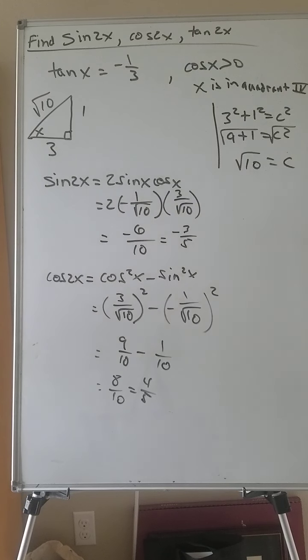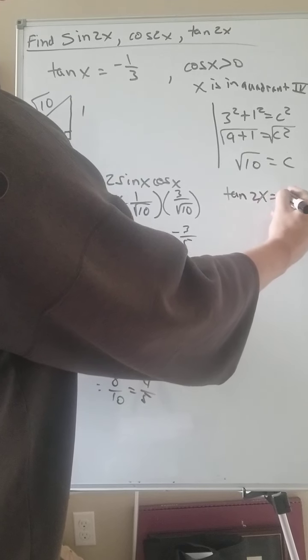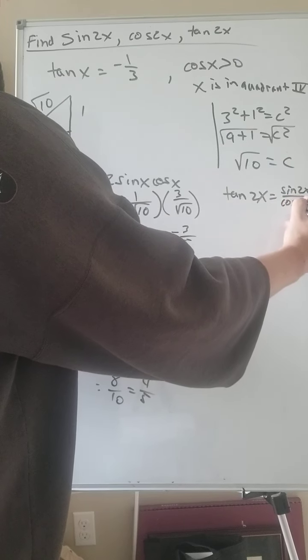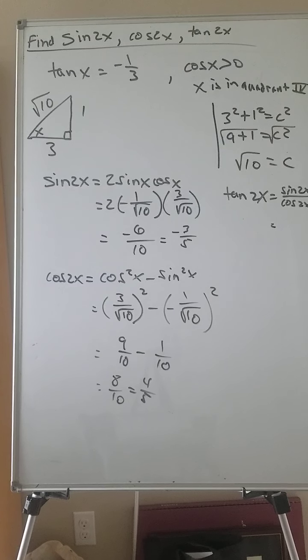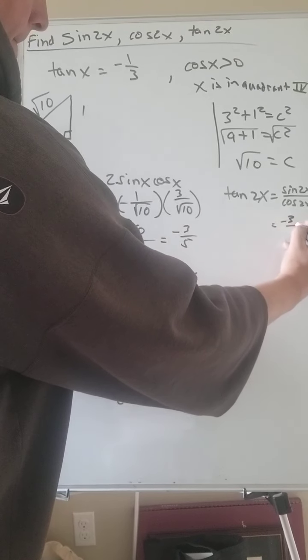So I know the sine of 2x, I know the cosine of 2x. Now I need the tangent of 2x. And again, I can just write the tangent of 2x as the sine of 2x over the cosine of 2x, because I already know those values. The sine of 2x is negative 3/5.